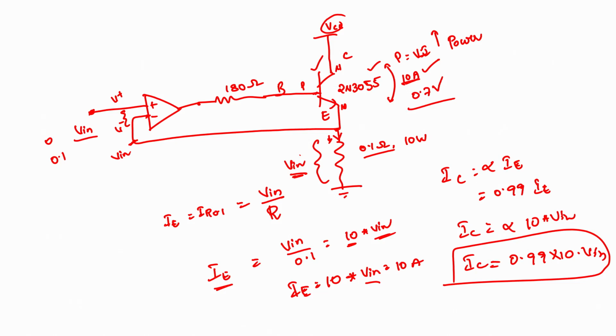If you understand the input voltage, let us say VCC is 15 volts and the voltage drop here is 0.1. What about the rest of the voltage drop? If I do not have the operational amplifier, we can see that the drop across this transistor is 0.7 volts, and out of 15 the remaining will be completely across your resistor, which is 14.3.